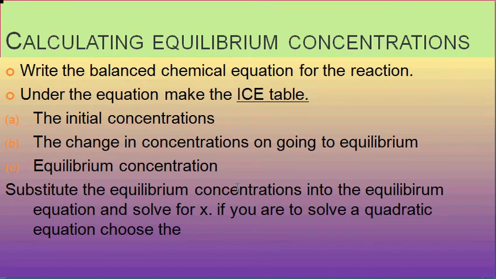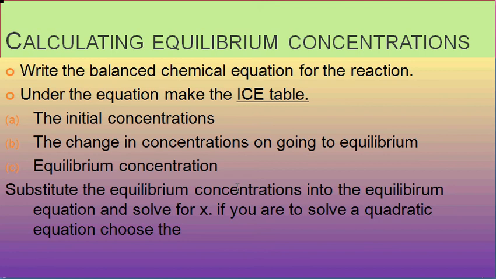Well, calculating equilibrium concentrations. First of all, write the balanced chemical equation of the reaction. Under the equation, make the ICE table: the initial concentration, the change in concentration on going to equilibrium, and the equilibrium concentration. Substitute the equilibrium concentrations into the equilibrium equation and solve for x.